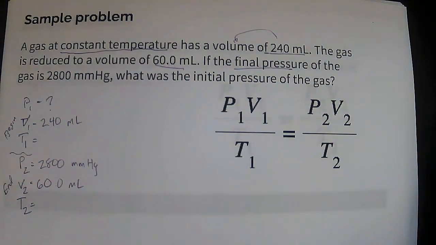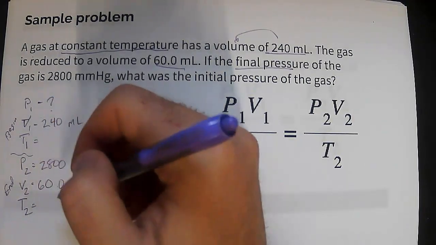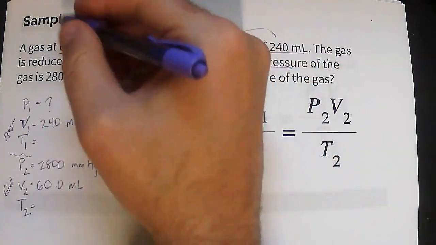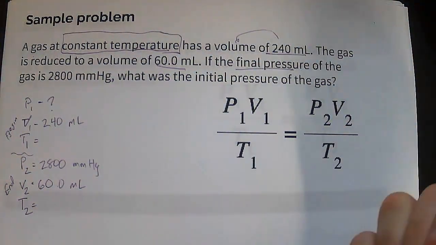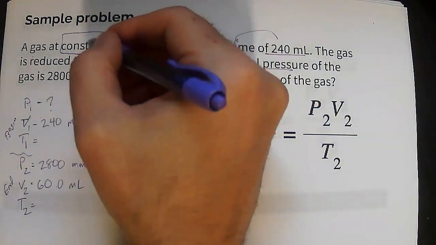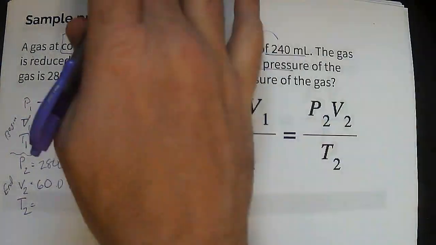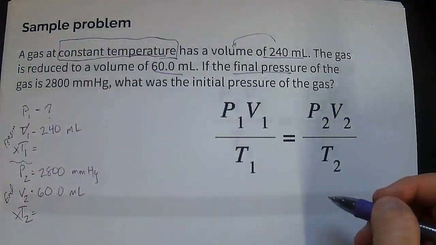Now, notice temperature is not given, because that is not changing. Remember, the combined gas law only deals with the things that are changing. So we can do this two ways. Number one, because it says constant temperature, we can get rid of it and not use it in our equation.